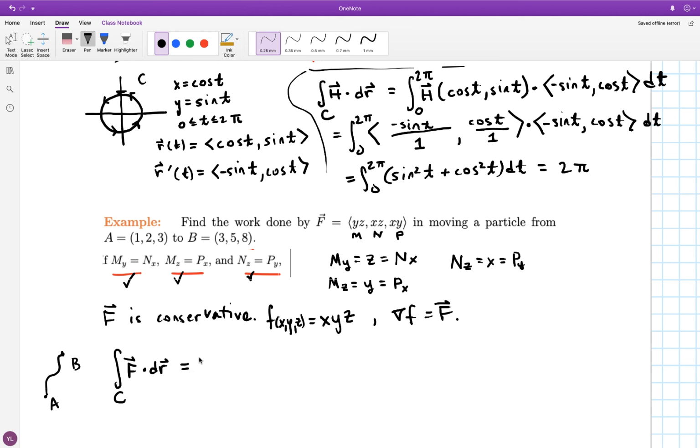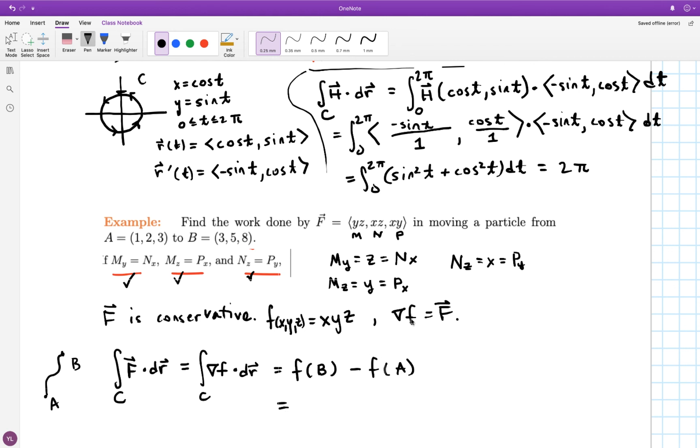So all I need to do to compute this line integral, which of course represents work, is after making the observation that the vector field is the gradient of this function xyz, all I'm going to do is plug in the point B, plug in the point A to my potential, and that's the value of the line integral.